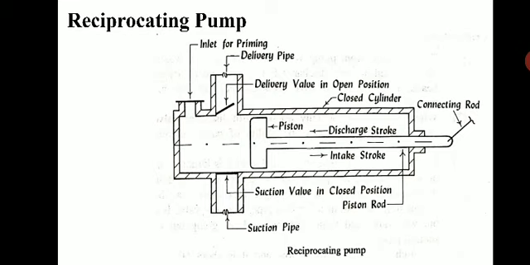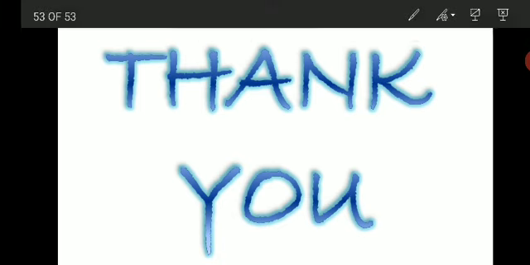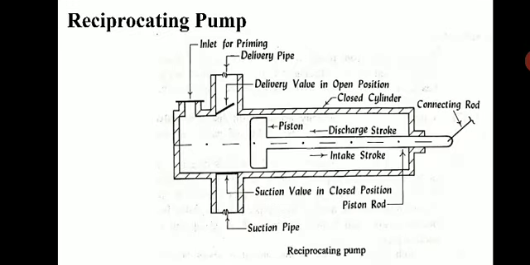So it is called a displacement pump. Displacement pumps are of two types: one is the reciprocating pump and the other is the rotary pump. We'll see the reciprocating pump first.